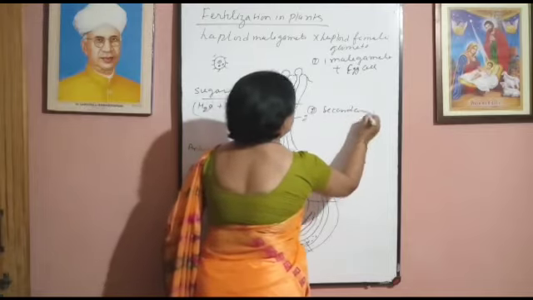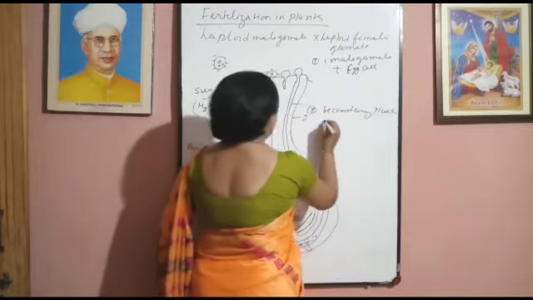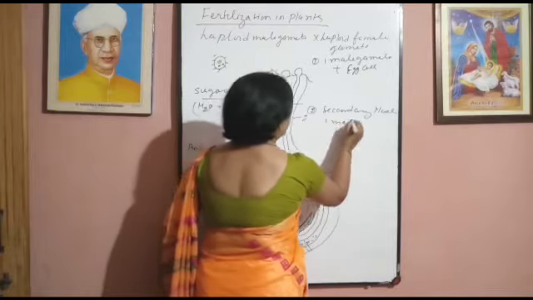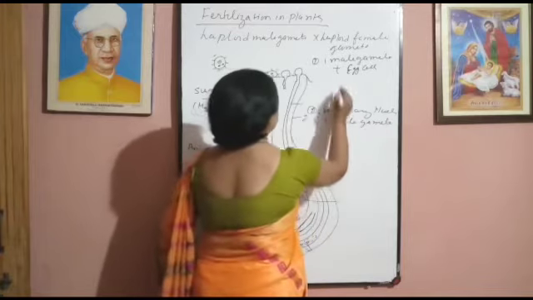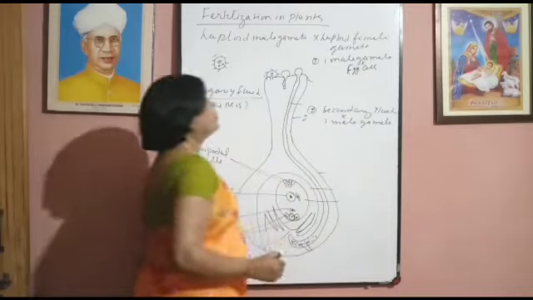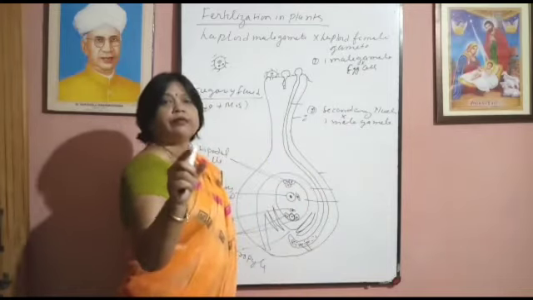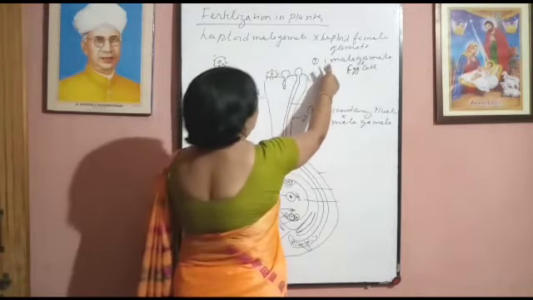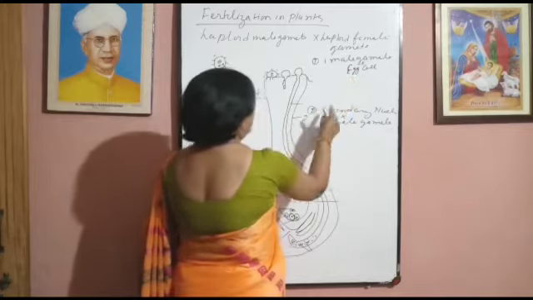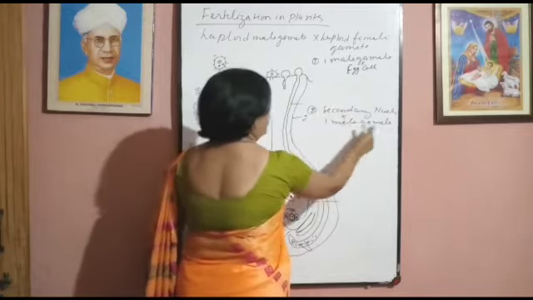The fusion takes place between one male gamete and the egg cell, and between the secondary nucleus and the other male gamete.